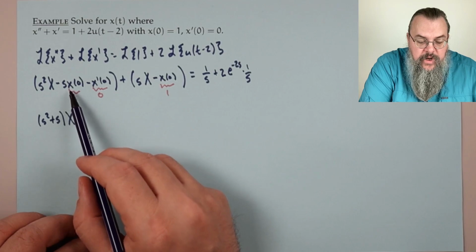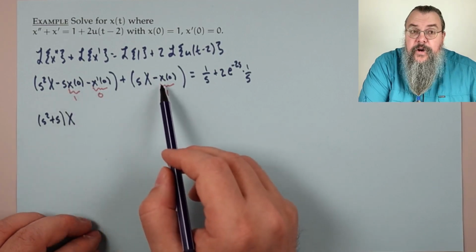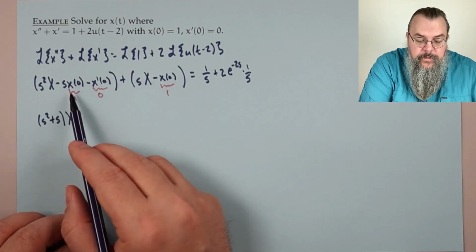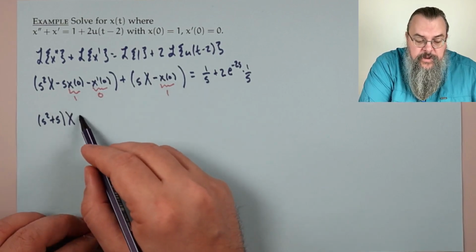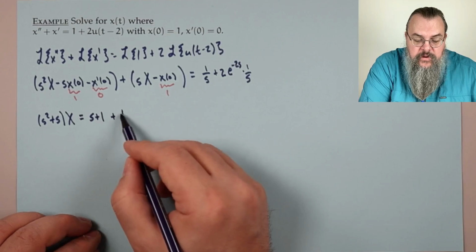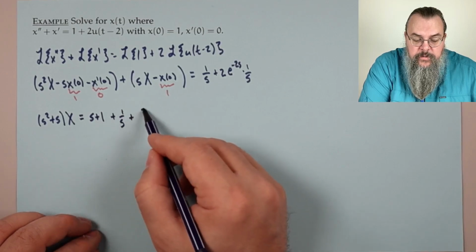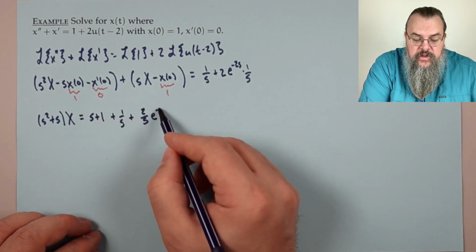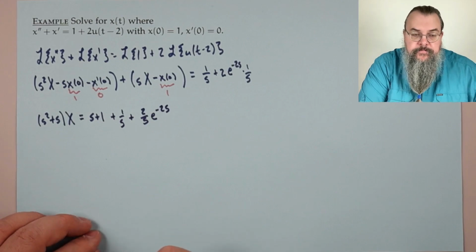We have a minus s and a minus 1, and when we move them across, it becomes s plus 1, and then we have plus 1 over s, and here we'll write this as 2 over s e to the minus 2s.